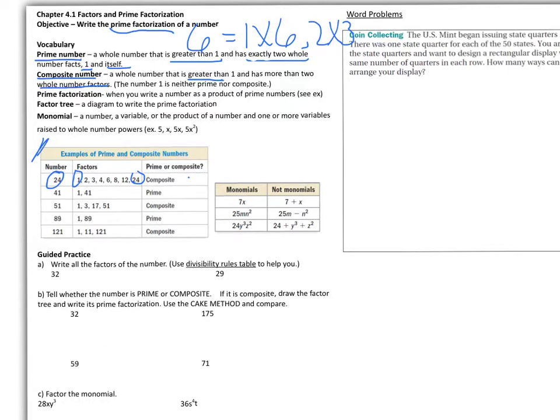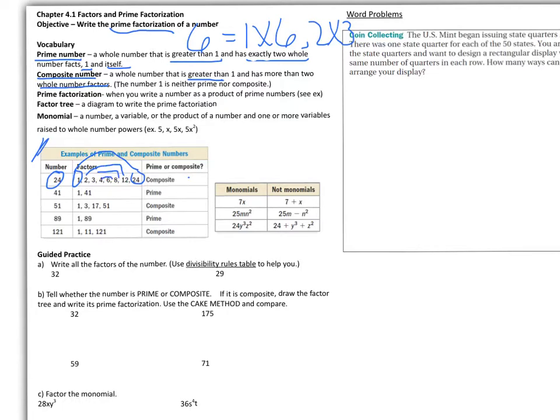If I ask you to list the factors of 24, you have a few ways to organize the numbers. You can use either the rainbow method, 1 and 24, 2 and 12, 3 and 8, or 4 and 6.